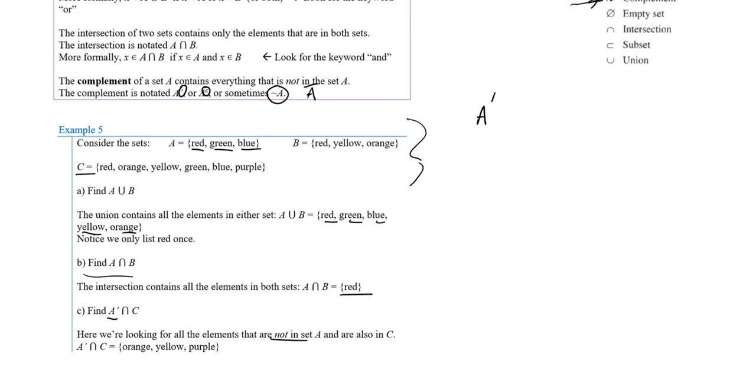I don't want those. It's everything but those, but it's also only the things that intersect with C. So here's C, and it's that, but I can't have red, green, and blue. So all the things I can have are orange, yellow, and purple.